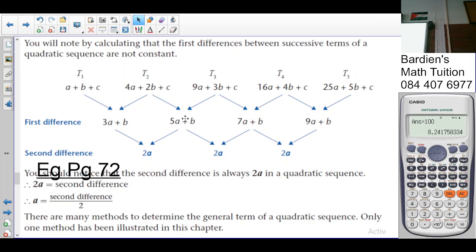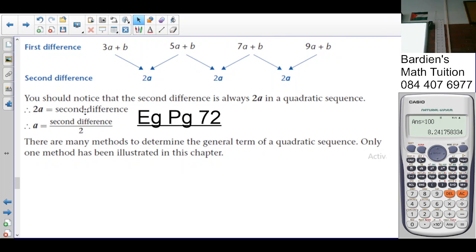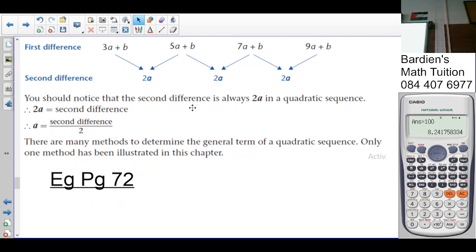Now, if you take 5a plus b minus 3a plus b, I get 2a. 7a plus b minus 5a plus b is also going to give you 2a. So what do you notice? The second difference has 2a on it. You should notice that the second difference is always 2a in a quadratic sequence.